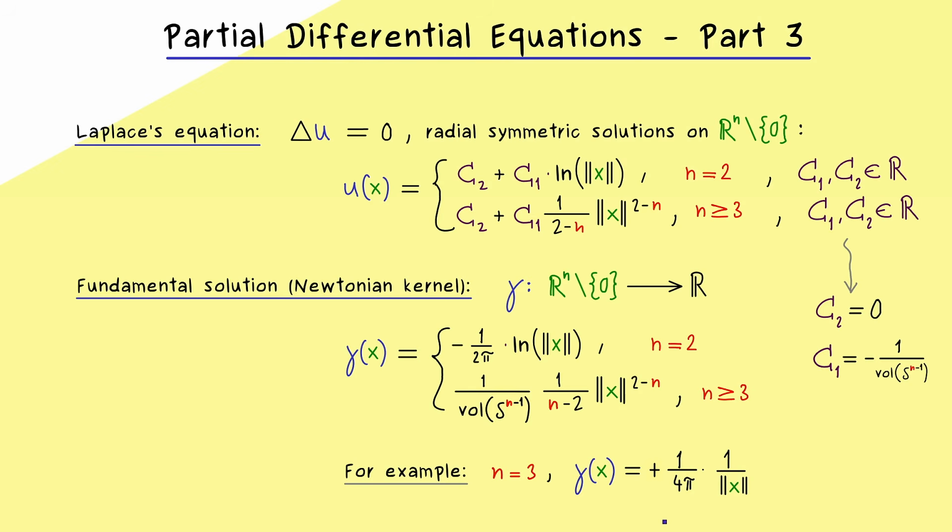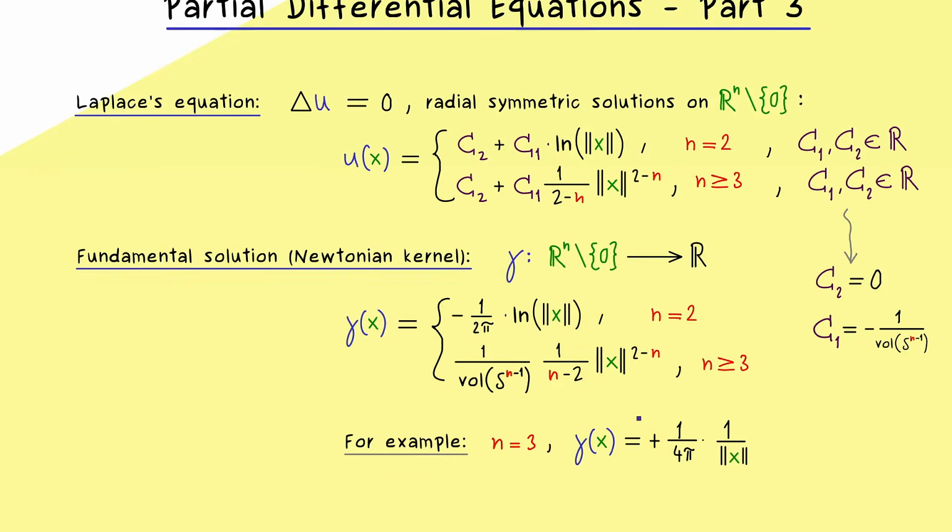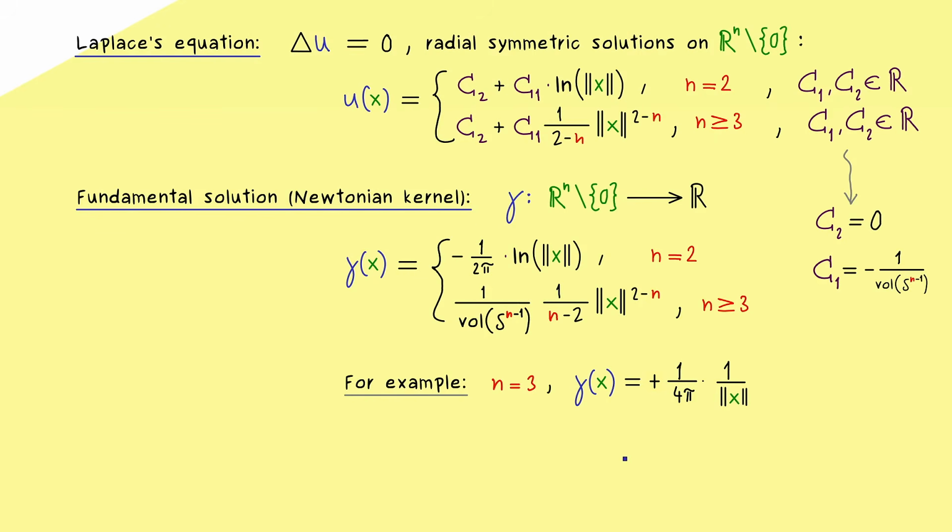So for example, in physics, you might recognize that as the Coulomb potential. But as always, we don't have to restrict ourselves to this case because we can easily deal with the general n as well. Maybe the only problem there is that you don't know the general formula of the n-1 dimensional volume of our unit sphere.